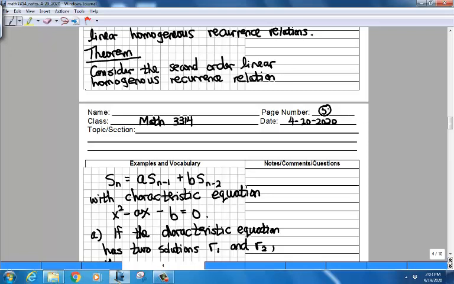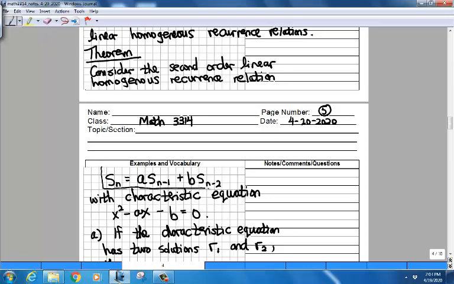Suppose that we are given a second order linear homogeneous recurrence relation. It's got to be second order, linear, and homogeneous. That's important.